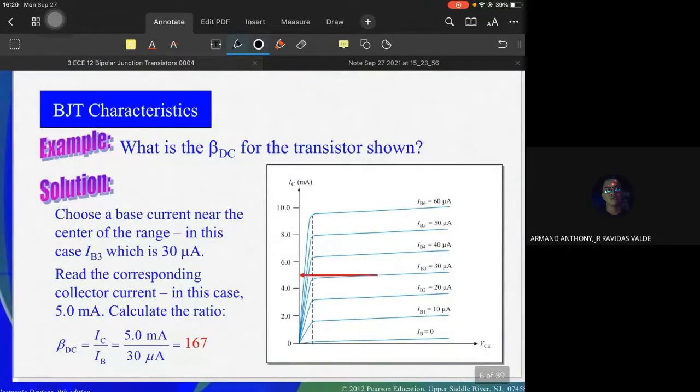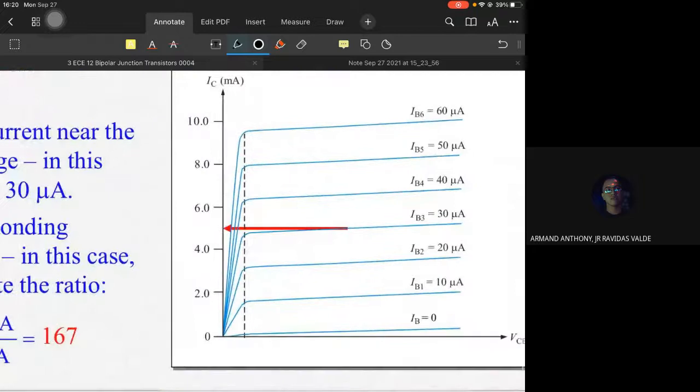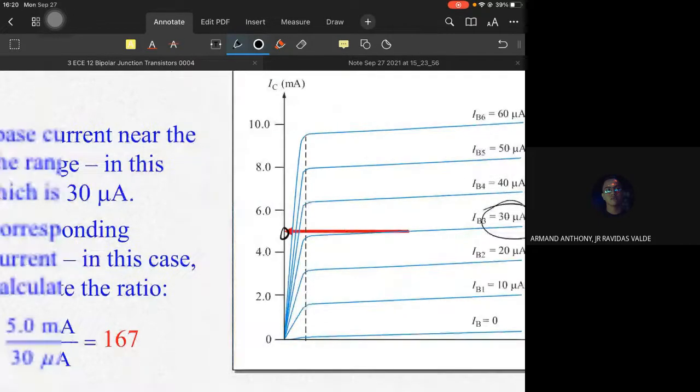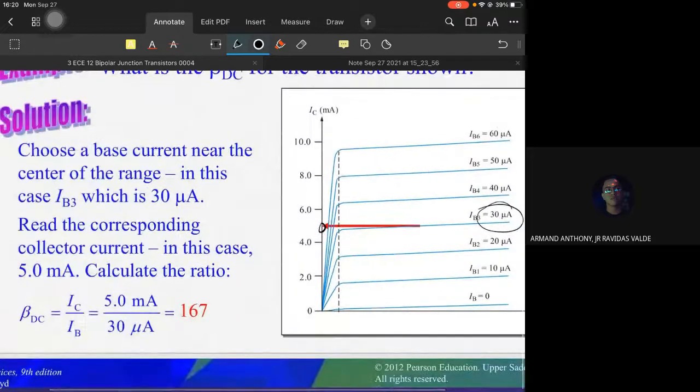Example. What is the beta for the transistor shown? The base current is 30 microamperes. What is the collector current? 5 milliamperes.